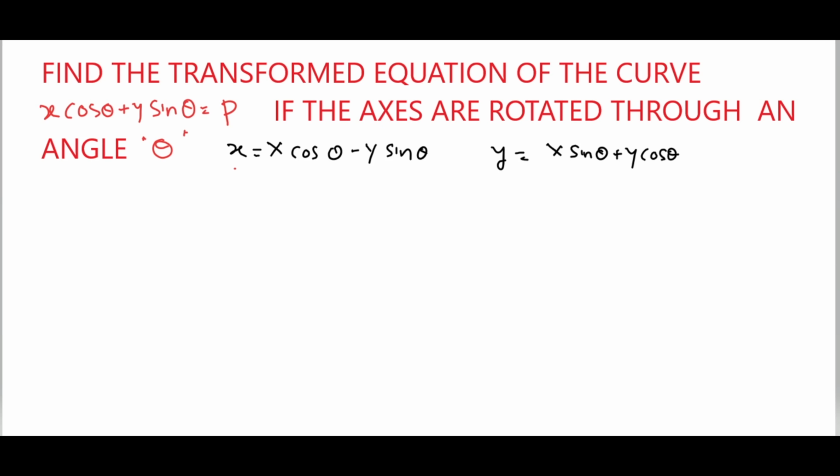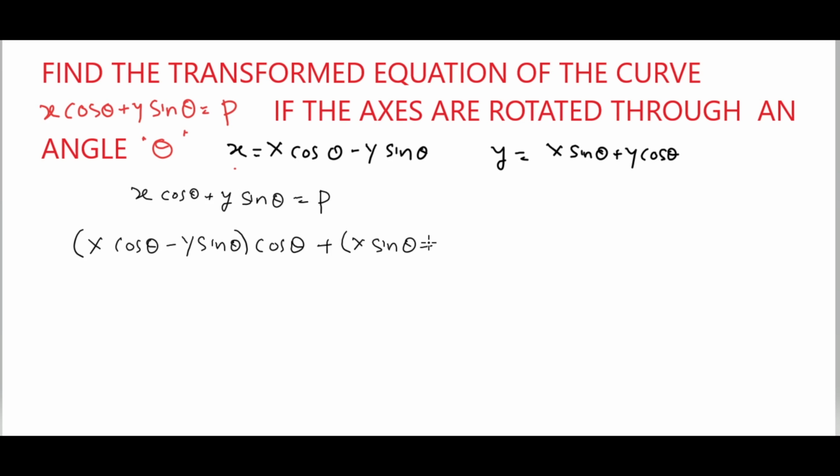Substituting these formulas in the given equation, that is small x cos theta plus small y sin theta is equal to p. Substituting small x value, that is capital X cos theta minus capital Y sin theta, into cos theta plus small y value, that is capital X sin theta plus capital Y cos theta, into sin theta is equal to p.